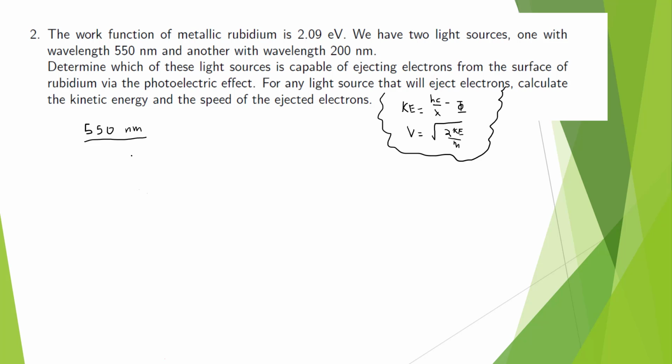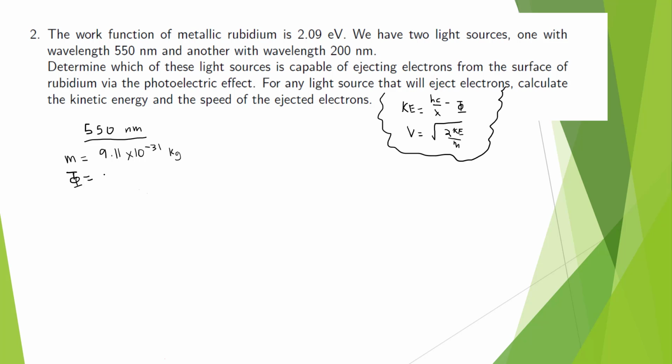So a few bits of information that we should know before we get into these equations. We know that the mass of an electron, which is a part of the speed function, is given as 9.11 times 10 to the negative 31 kilograms. And we also know that the value of the work function in joules is going to be the same for both sources of light.